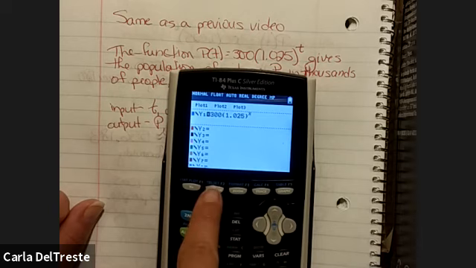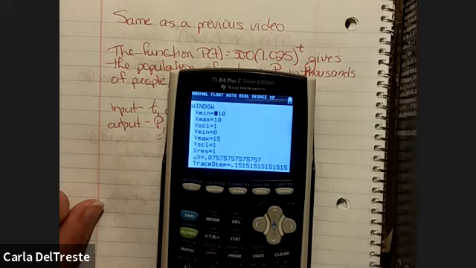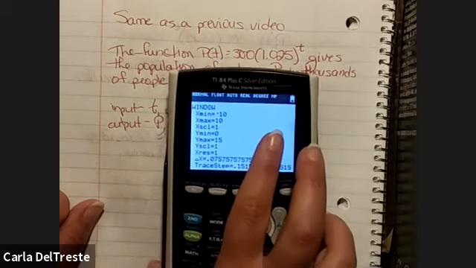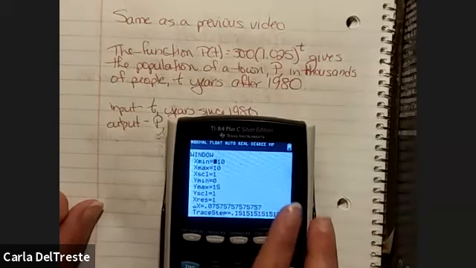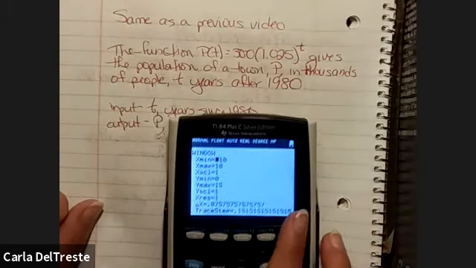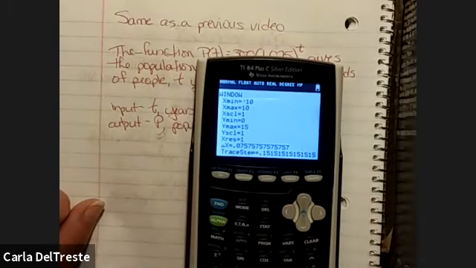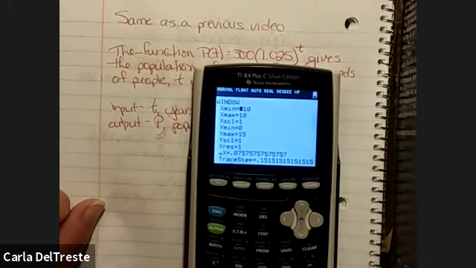So I'm going to go to Window, and I'm going to think about the inputs and the outputs and what they mean. The input is supposed to represent years since 1980. Do I care about what happened before 1980? No, I don't. So I'm going to put x min at 0, okay? Because I'm starting this at 1980.